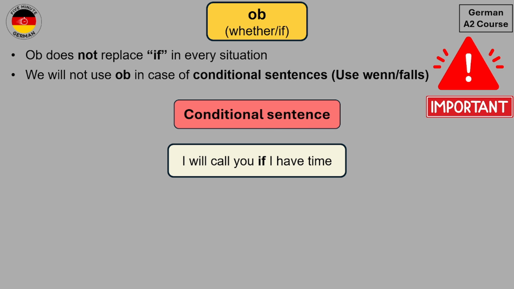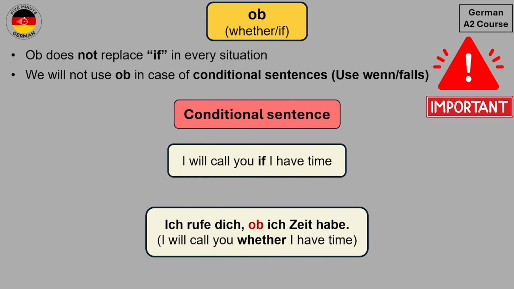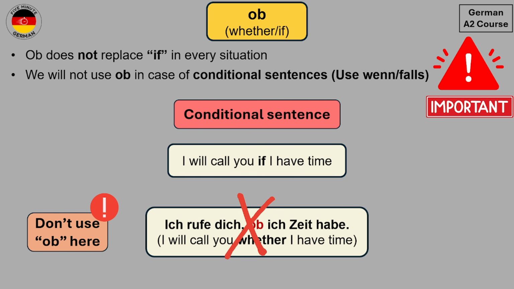So this is an example of a conditional sentence: I will call the other person if I have time. Now if I write this with ob, then it will be Ich rufe dich, ob ich Zeit habe, which can be translated as I will call you whether I have time. But this is incorrect because, as I told you, we will not use ob with conditional sentences.